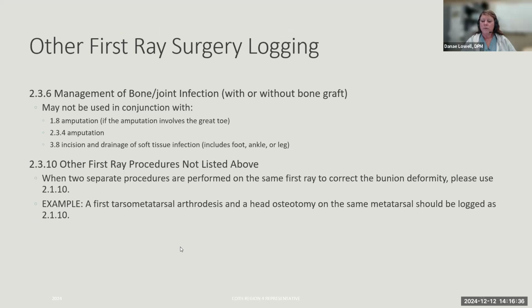Specifically, if all you do is amputate the hallux at the level of the MPJ, this does not count as a first ray procedure. Finally, the last category is rarely used, and again, if you're looking to log a procedure where you operate on both ends of the first ray, it is logged as a single case in category 2 using 2.1.10.